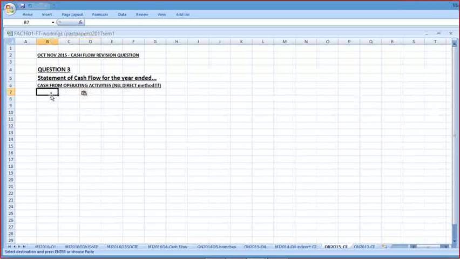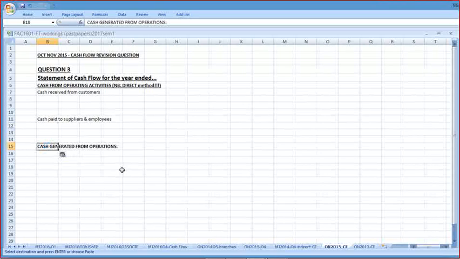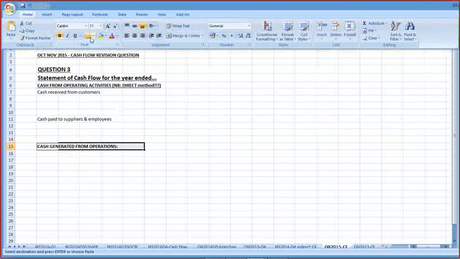Remember, I'm going to split it into cash received from customers, and then I'll skip lines and I'll put cash paid to suppliers and employees. After having done a working for those two line items, I'm going to get a total. The total is going to represent the cash generated from operations. Make sense so far? Yes, we just write it in.